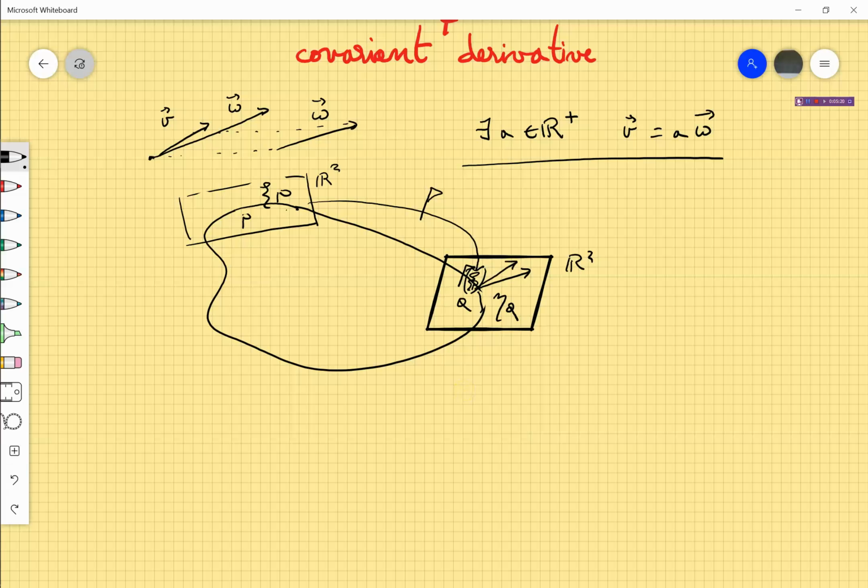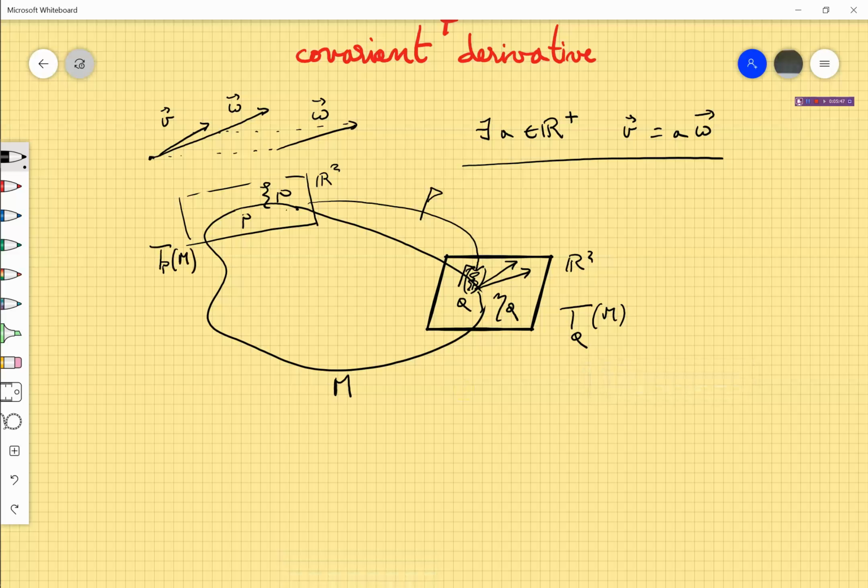And now I ask the question whether this eta q and gamma psi of p, which belongs to the tangent space T at q, if this space is M, so this would be the tangent space Tp of M. I think I introduced this notation before. And this question now makes sense.